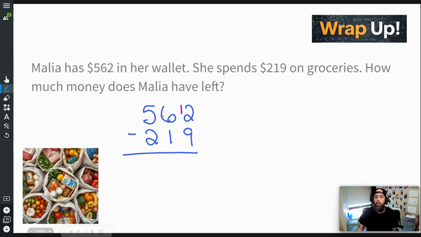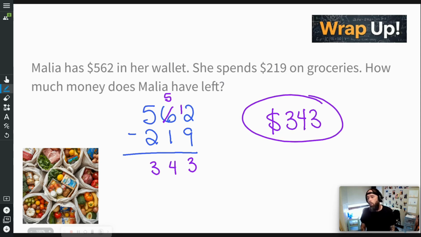Let's borrow 1 from 6 and make you a 5. 12 minus 9 is 3. 5 minus 1 is 4. And 5 minus 2 is 3. This is a word problem, and in this word problem, we're talking about money. So how much money does Malia have left? Malia has $343 in her wallet.